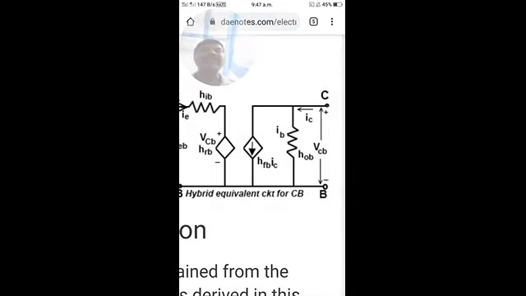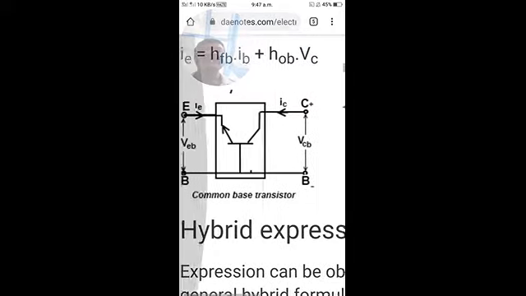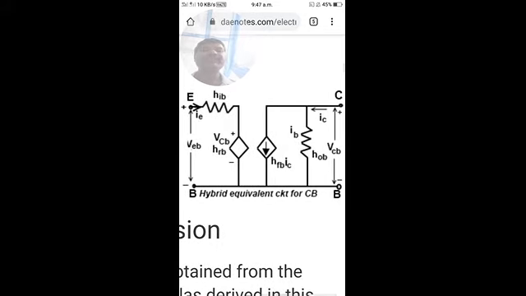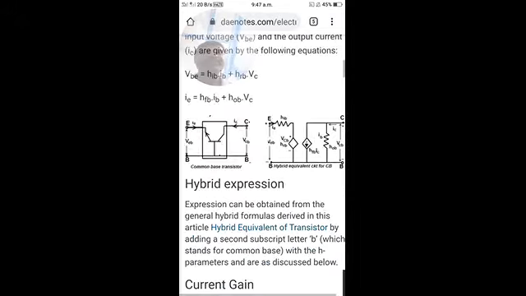The output current IC is the sum of hfb IE, the input current, and VCB into hob.